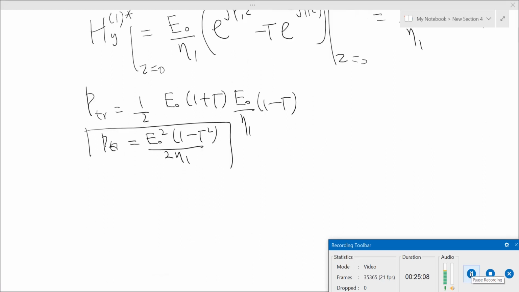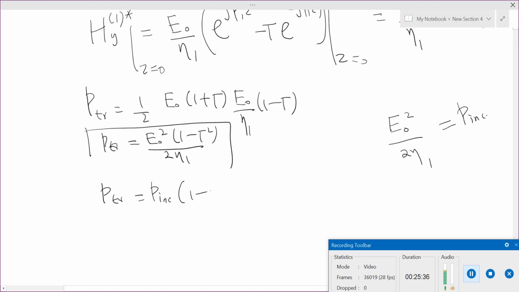I can reframe it in this way. E naught square divided by twice eta 1 is the incident power; you can easily check it. This is the incident power at z equal to 0. So I can write P transmit is P incident times 1 minus gamma square.